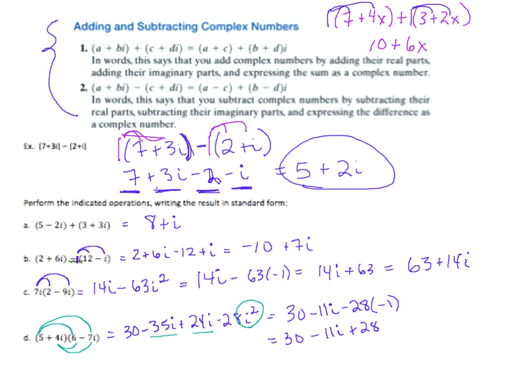I've got more like terms now that I can put together here and here. And my final answer in its correct form is 58 minus 11i. Sound good, Dave? Great.